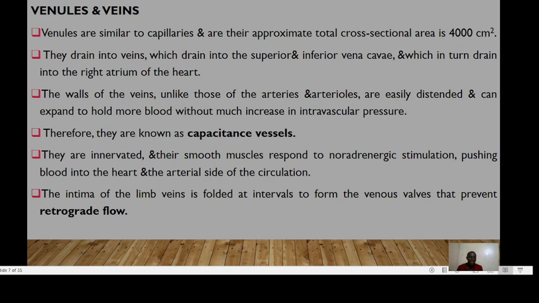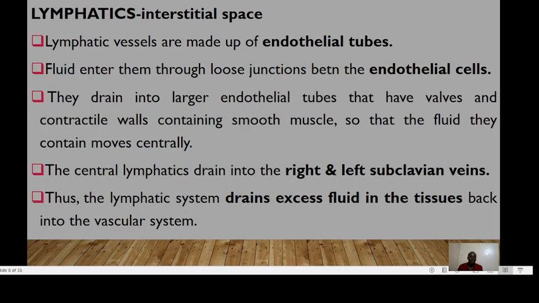They are innervated and their smooth muscles respond to noradrenergic stimulation, pushing blood into the heart and the arterial side of the circulation. The intima of the veins is normally folded at intervals to form venous valves, and these are very important because they prevent backflow, that is retrograde flow.